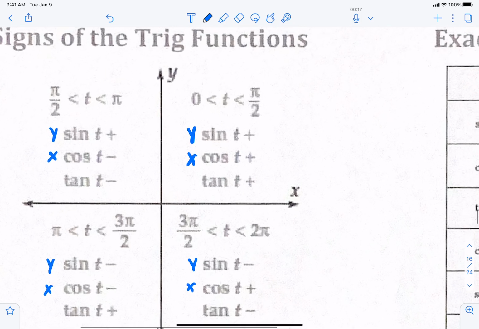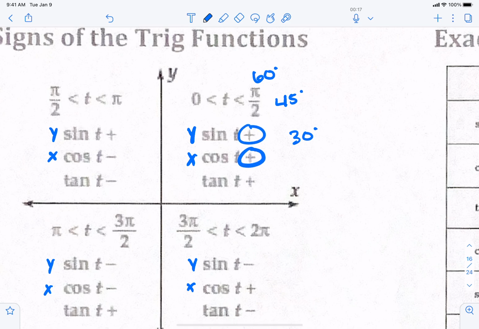If we are looking at an angle in the first quadrant, like 30 degrees or 45 degrees or 60 degrees, in the first quadrant, all of the x values should be positive, and all of the y values should also be positive. Does that make sense?